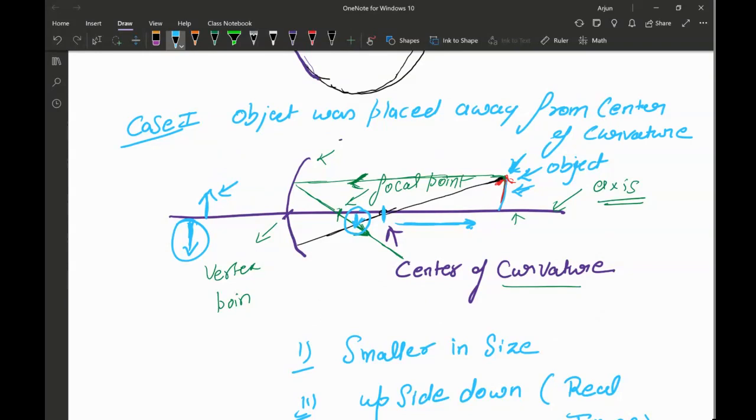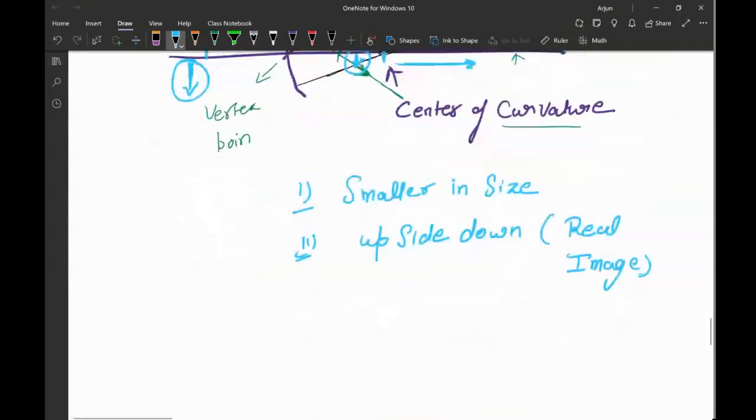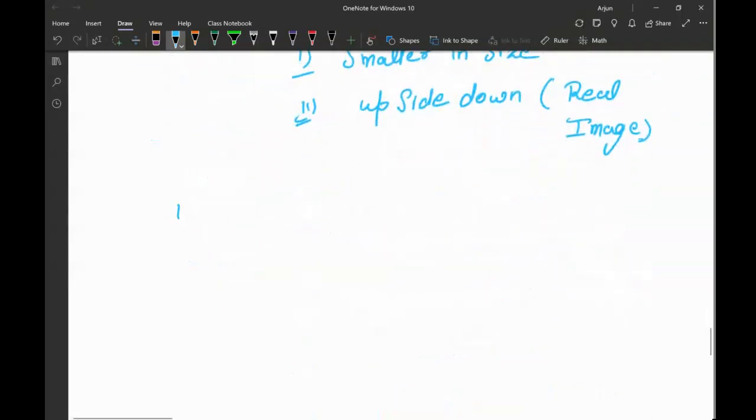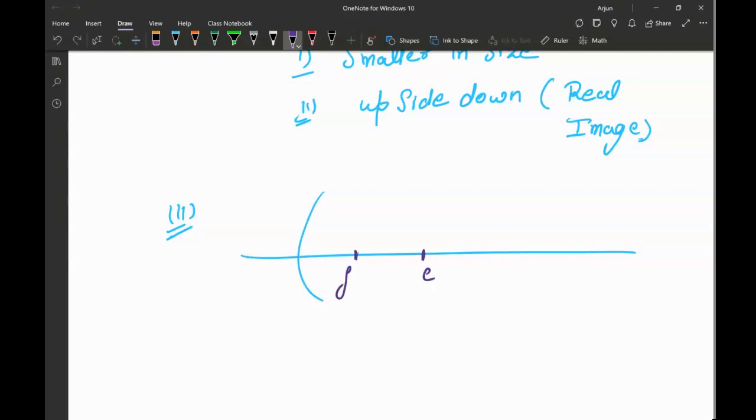Now, we're going to talk about the second case. The second case will be when the object is placed between the focal point, let's say this is the focal point, and the center of curvature. So I'm going to place the object here.